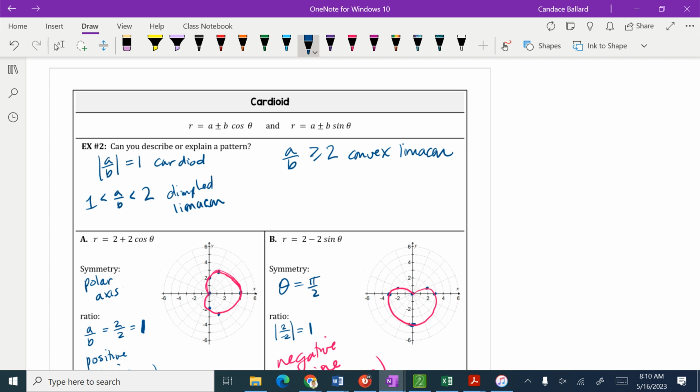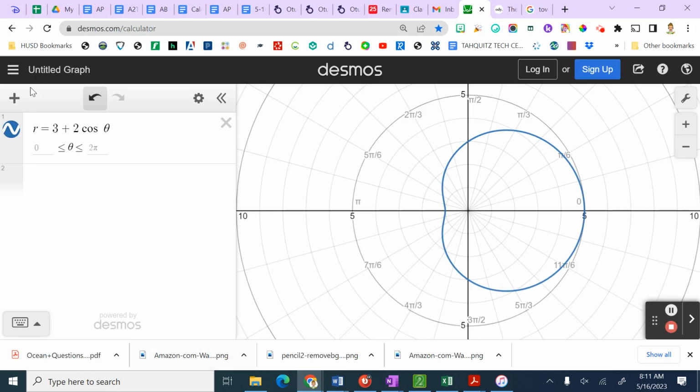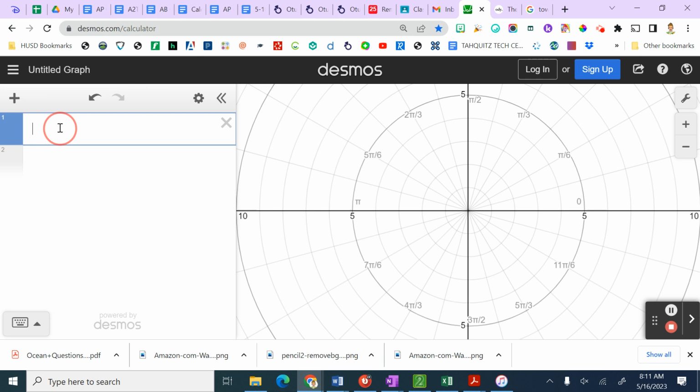Okay, so let's see what that looks like in Desmos here. All right, so let's take a look here. All right, so we've got R equals 5 minus 2 sine theta.